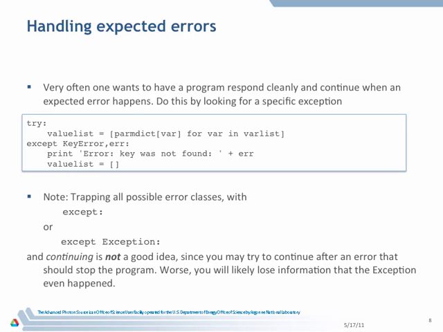So it's not a good idea to just put these things in willy-nilly, because it could have been an error that you weren't anticipating and you want to know about. And you could cover up a bug in your program by ignoring an error, and then you'll hit some other error someplace later in your program, and you won't have any clue as to what caused it because you've just buried it.